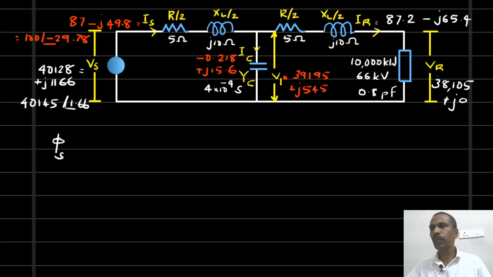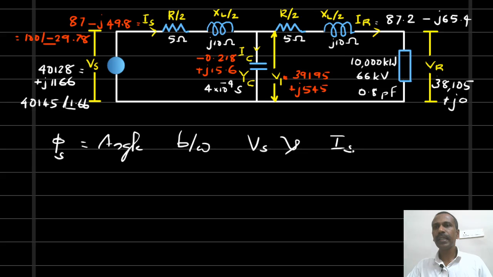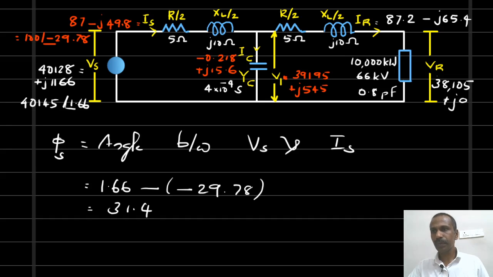Phi s is the angle between sending end voltage and the sending end current. So this is equal to 1.66 minus the angle of IS, which is minus 29.78. So this is equal to 31.44 degrees. From this we can find out the power factor at the sending end.